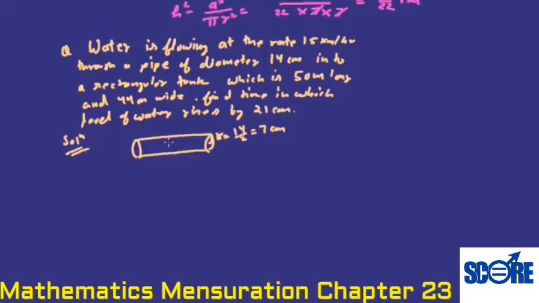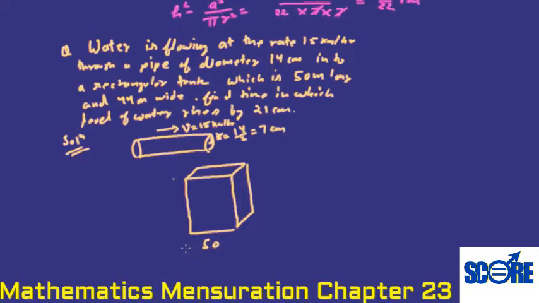The water is flowing through this pipe with a speed of 15 km per hour into a rectangular tank. Let's say this is a tank, which is 50 meter long, and 44 meter wide, that is breadth.